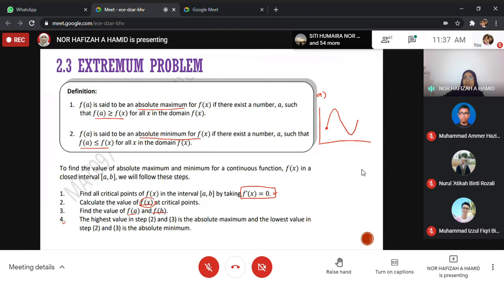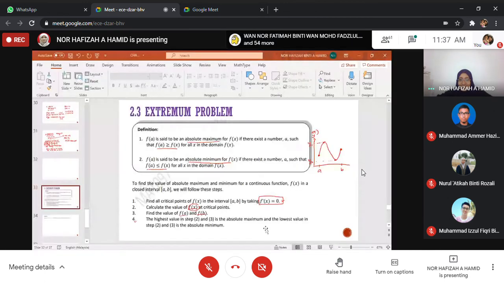Okay, so this graph is between interval A and interval B. Atas ni is a relative maximum and bawah ni is a relative minimum. So for example, absolute maximum minimum ni kita nak calculate value pada y. Okay, so you ada y1 and you have y2.